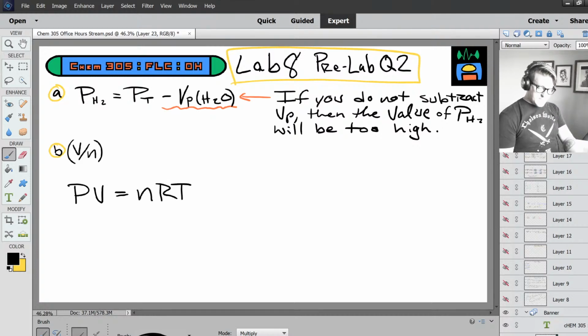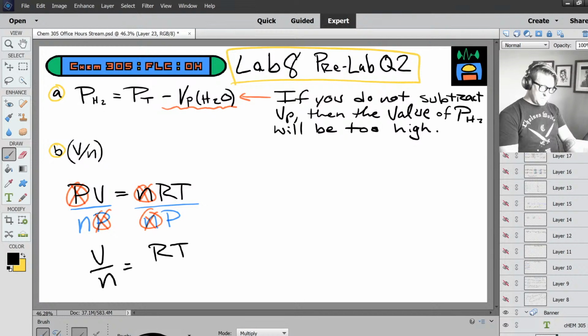If you take the ideal gas law and you divide both sides by moles and pressure, watch what happens. On the left side of the equation, pressure cancels. On the right side of the equation, moles cancel. And so this gives you an equation for molar volume, right? Volume over moles is equal to R, ideal gas constant, times temperature divided by pressure.